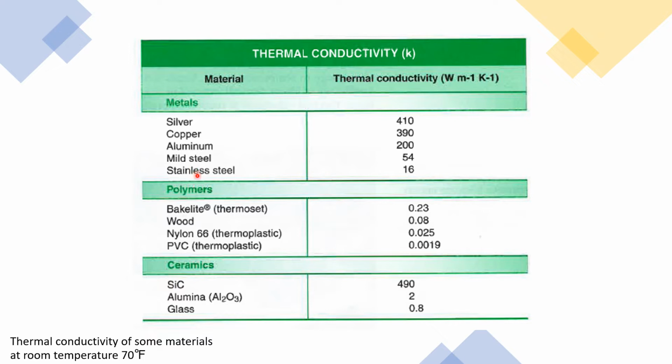And then it goes down. They don't conduct too much, stainless steel. Polymers, the same thing: this is higher and that's low. Thermoset, and then your wood, nylon, and then your thermoplastic, going down.